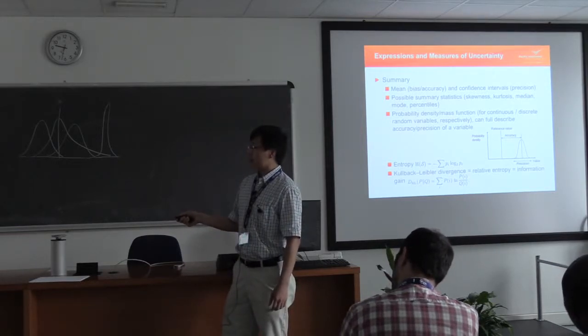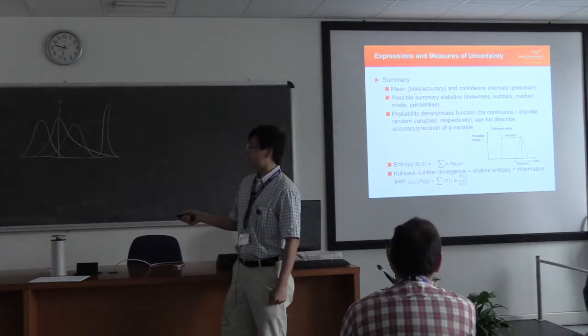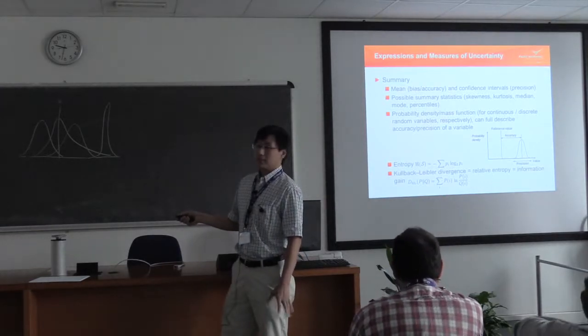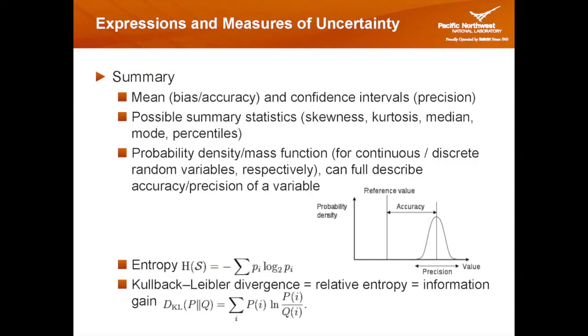You can use skewness, kurtosis, like for the wind generation, wind speed case, or use the median by sorting all your samples, or the mode, the most likely one, or percentiles. You can see what's the 1 percentile, what's the 99 percentile. That is used a lot in America. I don't know if it's used at other places to describe where you are.